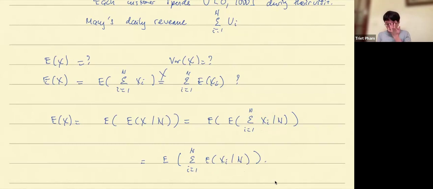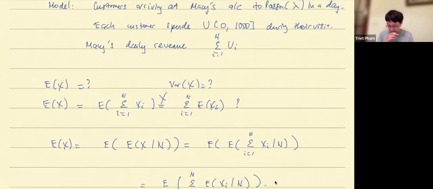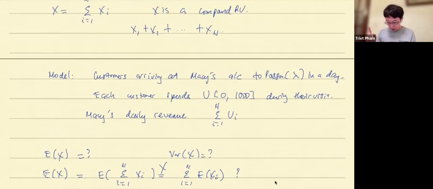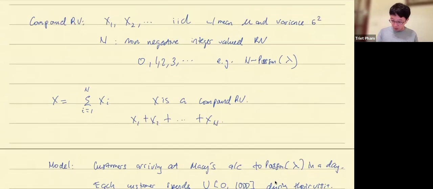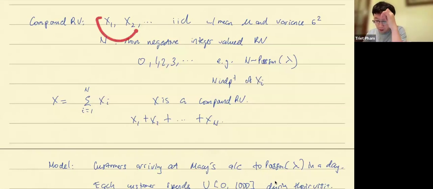And what's the next step? The next step is the assumption that I forgot to mention, which is routinely assumed: that the n here is independent of the x's. So the upper limit of the sum has nothing to do with the value of the summand.